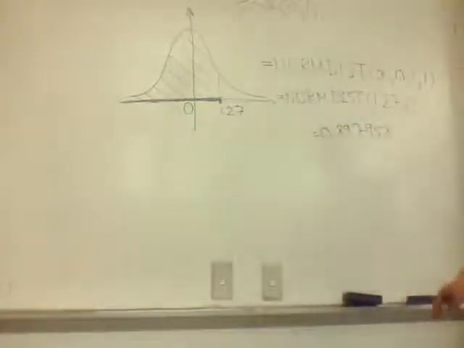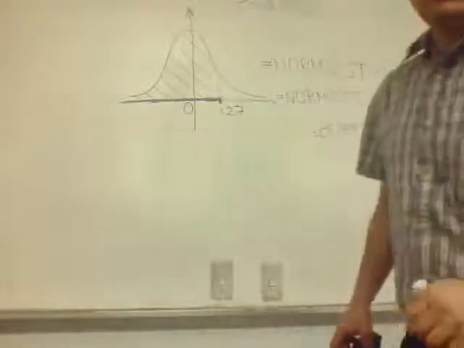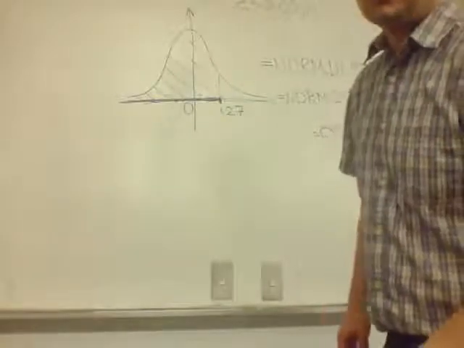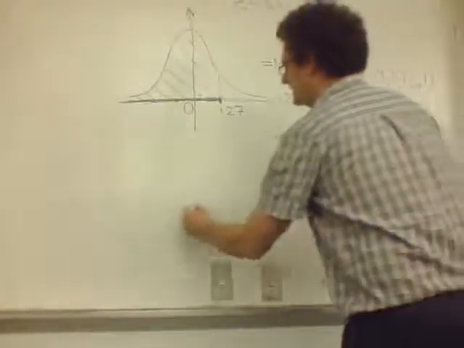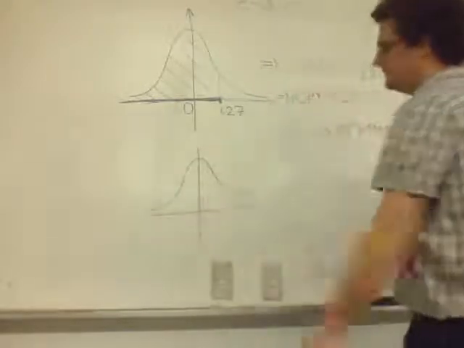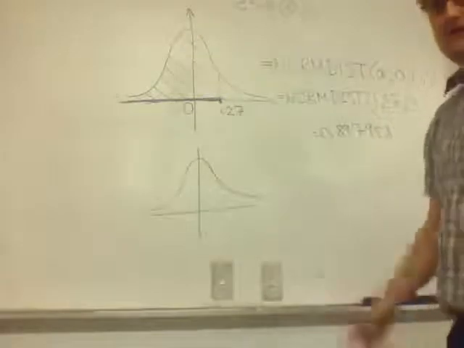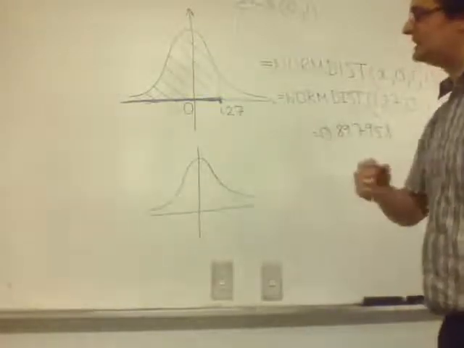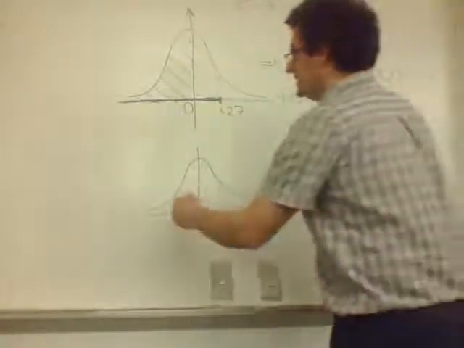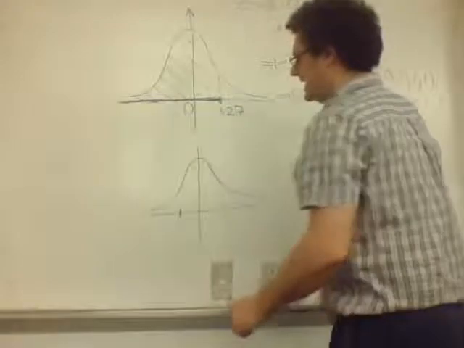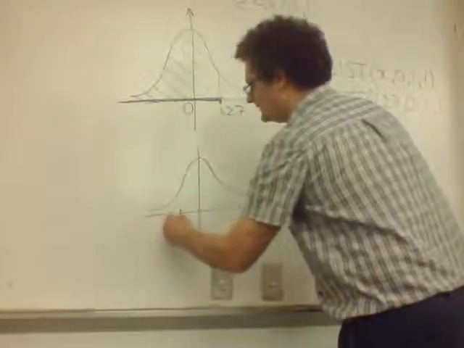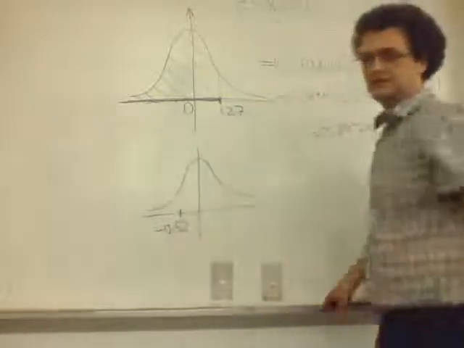Okay. Now, the next problem is to compute the probability that a randomly chosen thermometer, so the same setup, the same problem, the same distribution, but what's the probability that a randomly chosen thermometer at freezing temperature will show a temperature less than negative 0.52 Celsius.